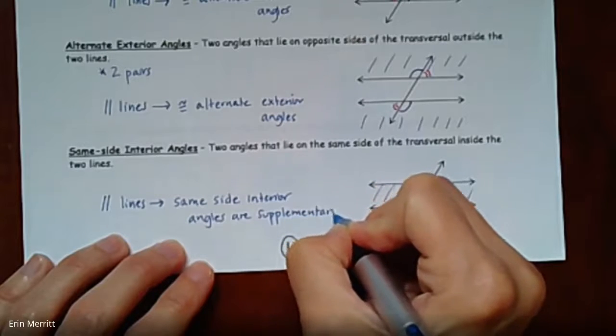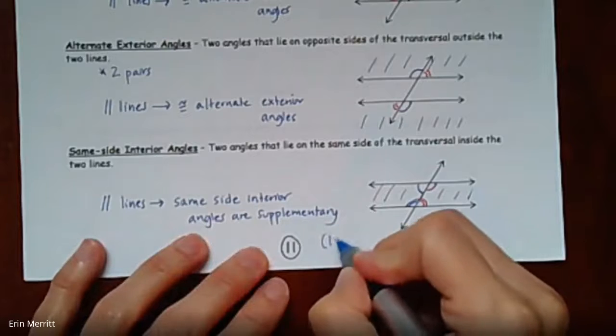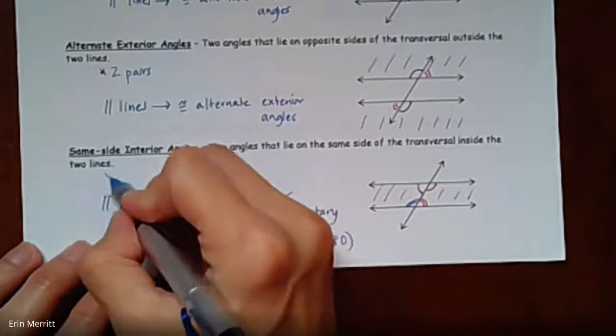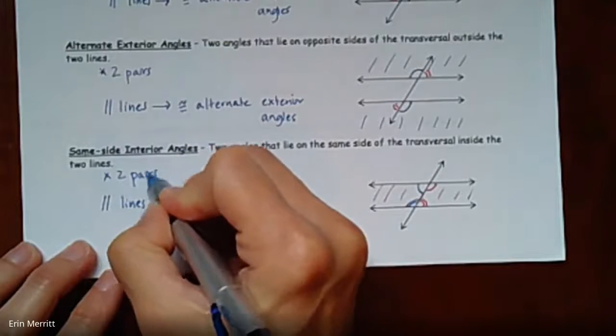Hopefully you remember from the other day that supplementary means they add up to 180 degrees. And again, there are two pairs of these.